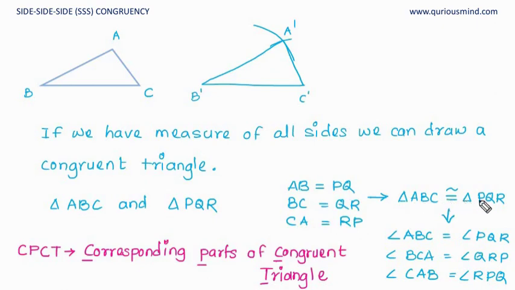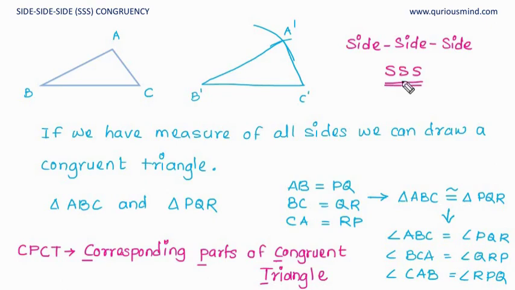And once we get that the triangles are congruent, we can find that the remaining elements of the triangles are also going to be equal, or congruent. And this way of finding these elements is called corresponding parts of congruent triangles. And this congruency criterion is called the side criterion, or it is also shown as the SSS criterion of congruence of triangles.